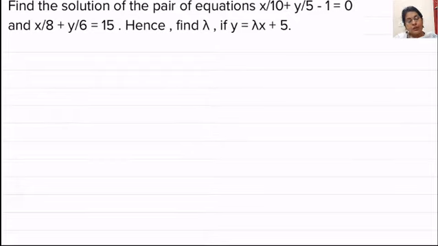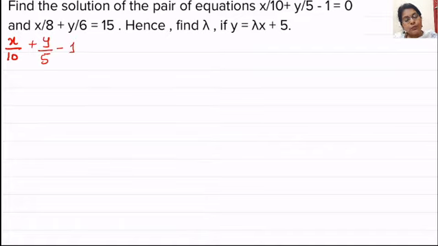Let us come to one question. Find the solution of the pair of equations x by 10 plus y by 5 minus 1. In the same way we will write this as two equations. x upon 10 plus y upon 5 minus 1 equal to 0. Let us make it equation 1.